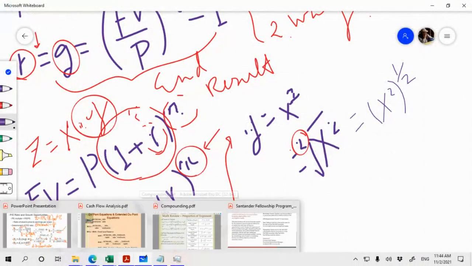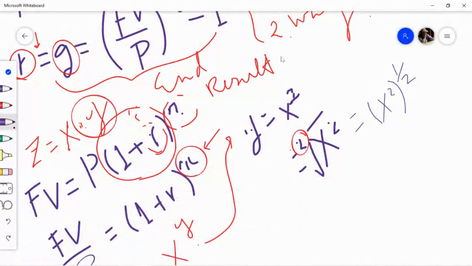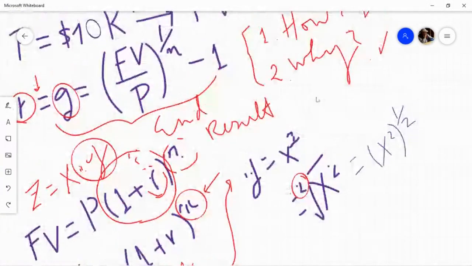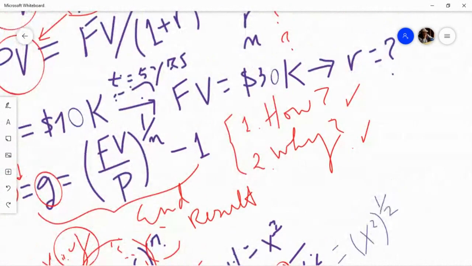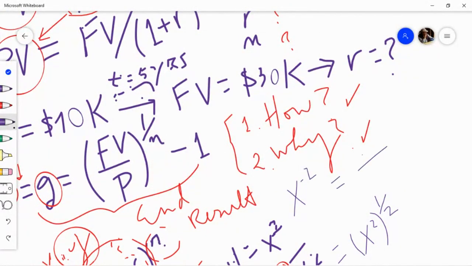For example, x to the negative 2 is 1 over x squared.